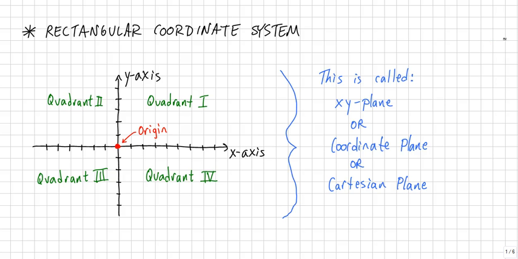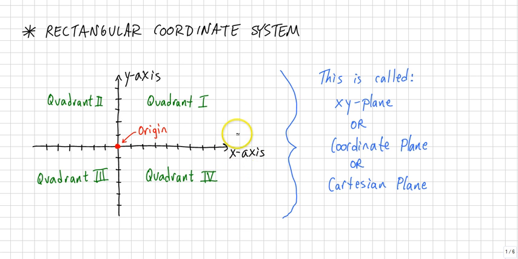We're getting ready to graph linear equations, and we graph those on what's called a rectangular coordinate system. It's the coordinate system you're used to. We have a vertical number line called the y-axis, and a horizontal number line called the x-axis.